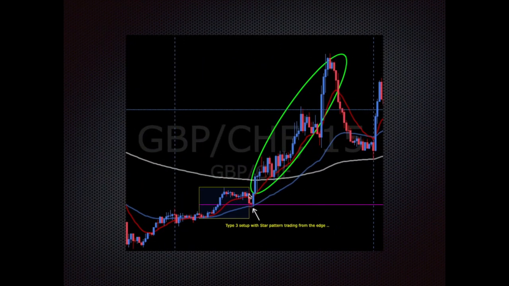Here's another one, but this star formation happened at 2:15 and 2:30. Boom, took off. And we also could have traded on this one as well, moving back down during the US session because we got railroad tracks here as well.